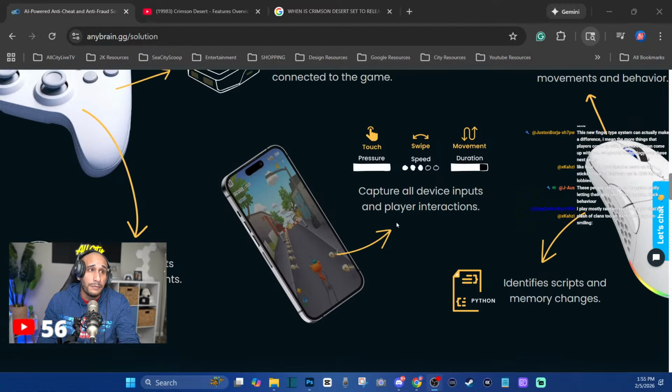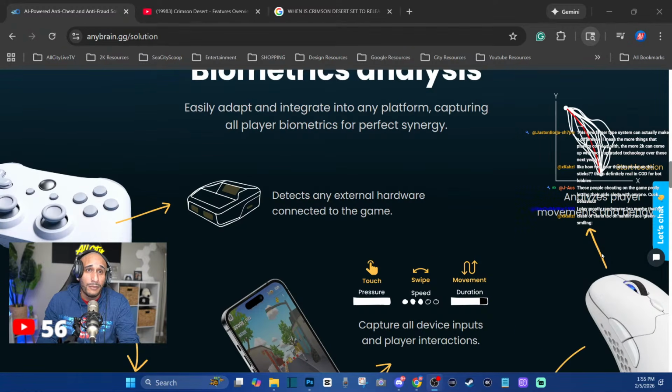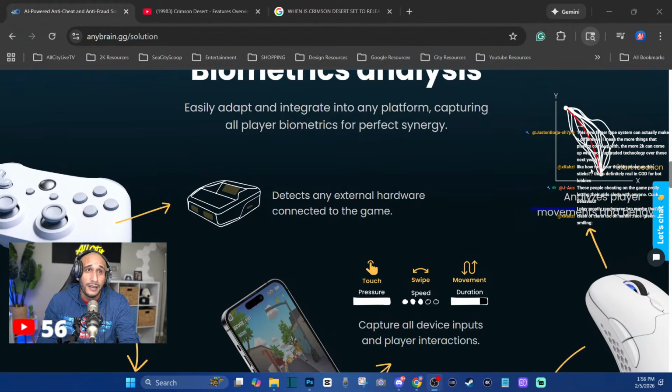Capture all device inputs and player interactions, and it identifies scripts and memory changes. Analyze player movement and behaviors on the top right. And it shows a little graph depicting the differences between what you imagine a device would do with this red line.